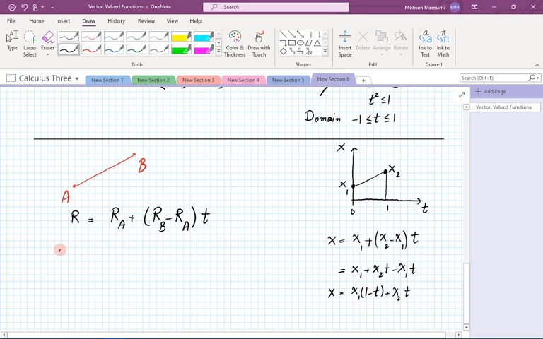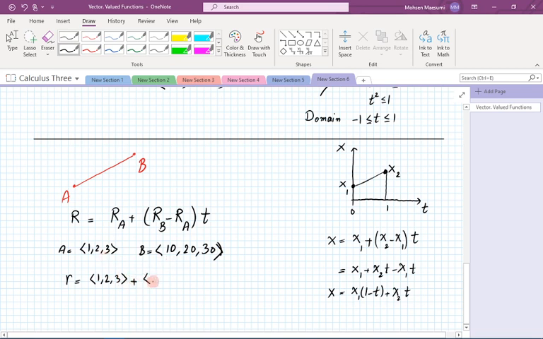So suppose, for example, A has coordinates 1, 2, 3, and B has coordinates, just to keep it straight, 10, 20, and 30, and I want to write a parametric function that starts at A and goes to B. So what do I do? I say 1, 2, 3, that's the starting point, plus the difference of these two.